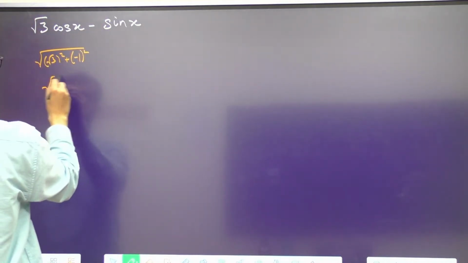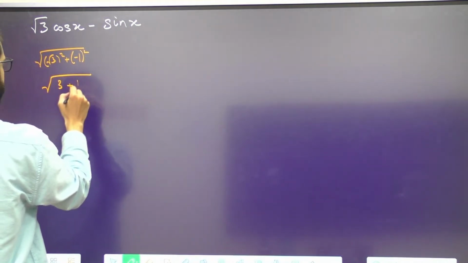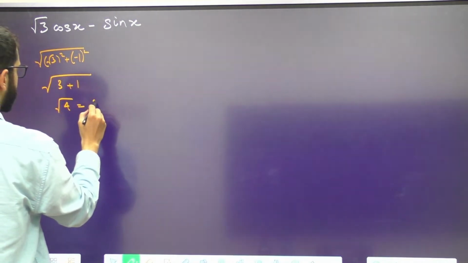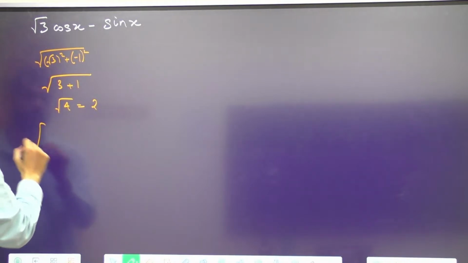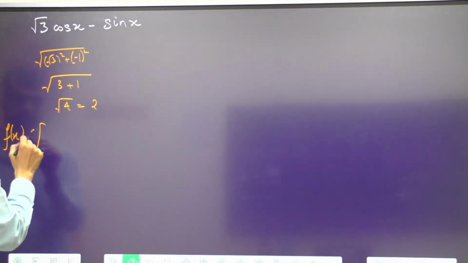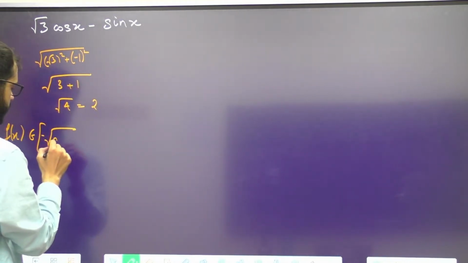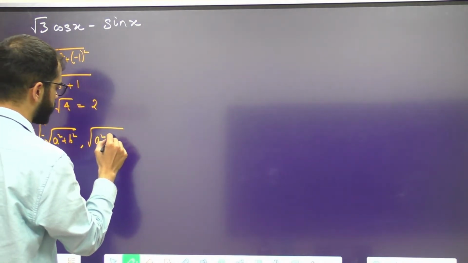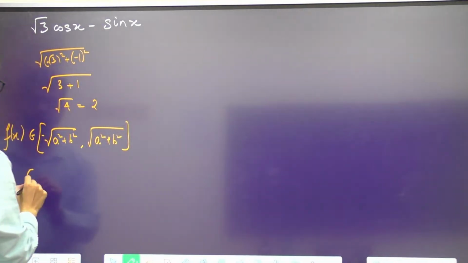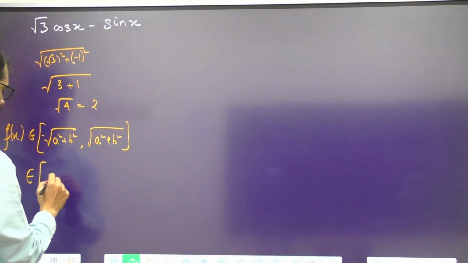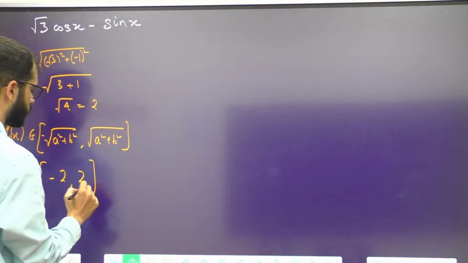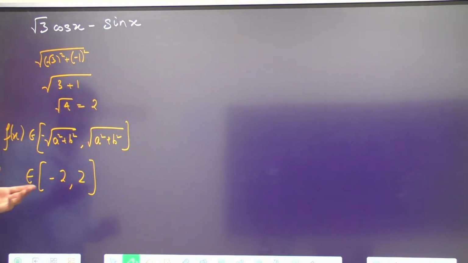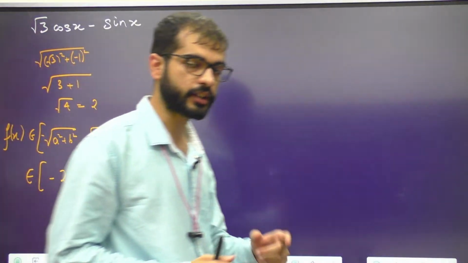This is going to be under root of 3 plus 1, that is root 4, which can be written as 2. As we remember, the value of the function f(x) belongs from minus under root a square plus b square to under root of a square plus b square. So it is -2 to 2, closed interval, because the extreme points are included in the expression, as sine can be -1 and 1.